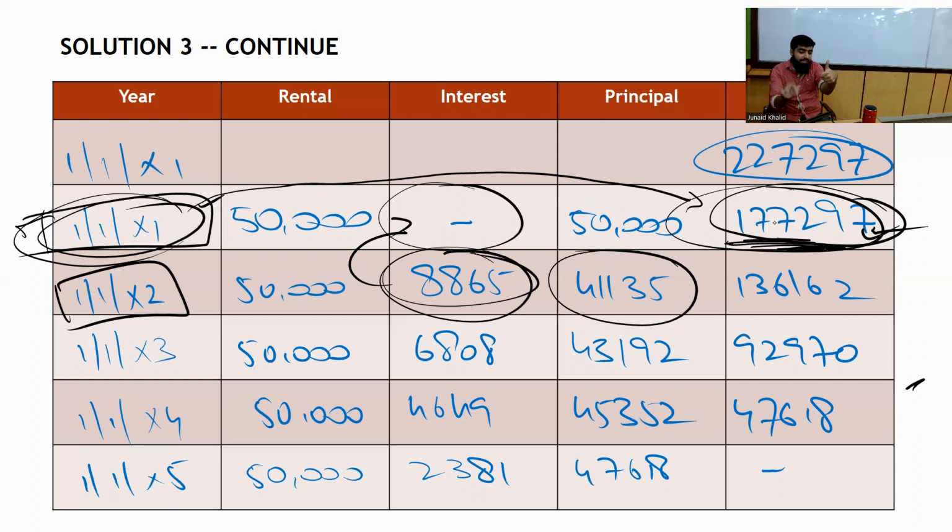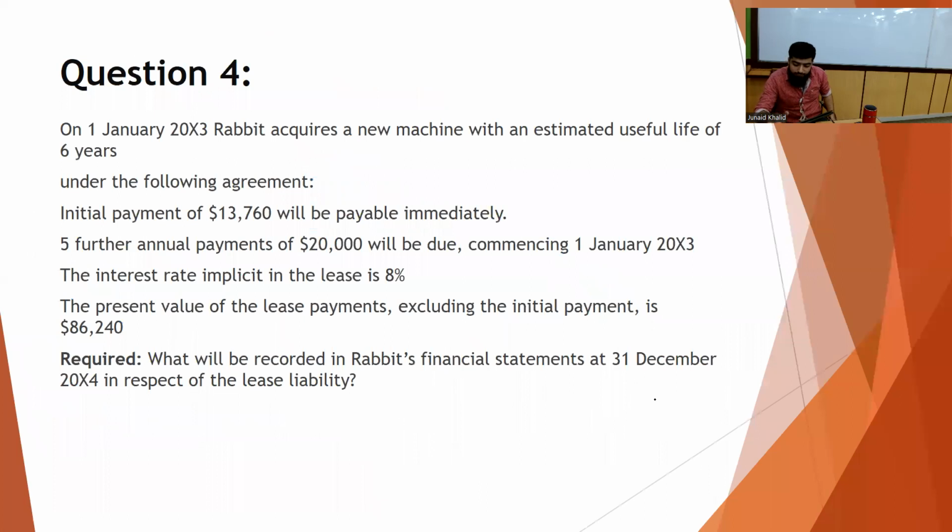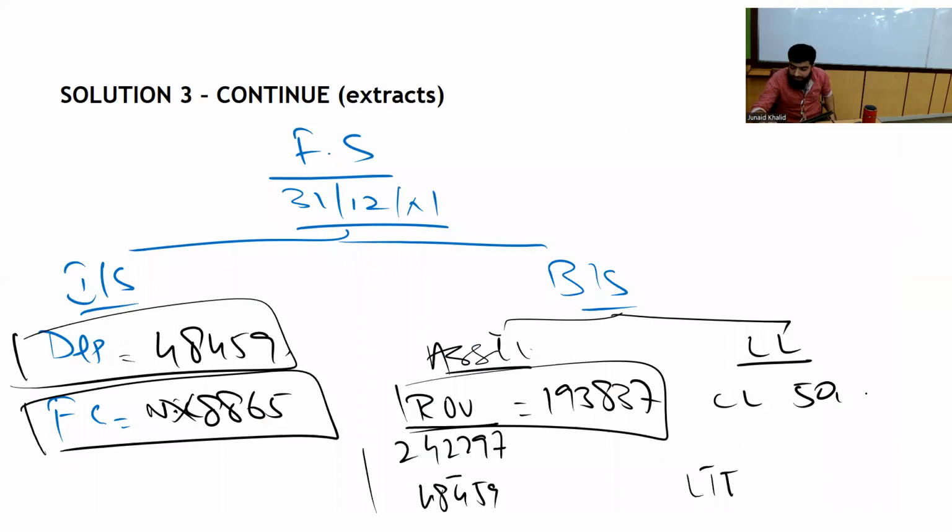We are going to pay that amount within the next 12 months. That is 8,865, the interest. And number two, the principal amount, which will make 50,000. It means the amount which we are going to pay within the next 12 months. So that 50,000 is the current liability.